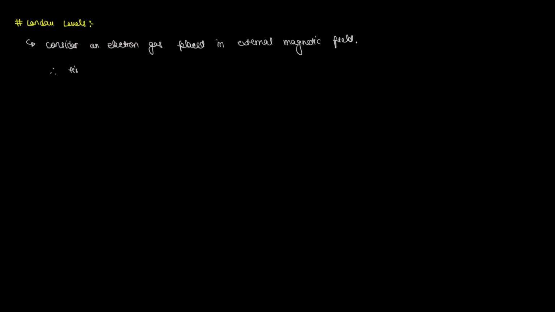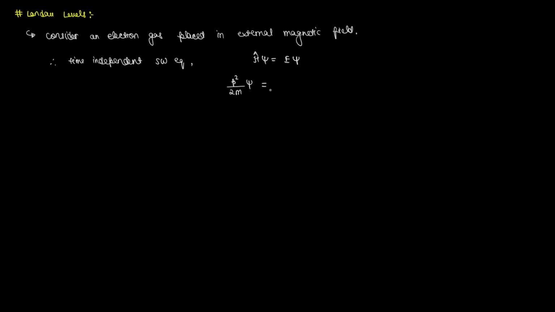So therefore, the time-independent Schrödinger wave equation will be given by H psi equal to E psi, and here the Hamiltonian will only have the kinetic energy term. Therefore, P square divided by 2m times psi will be equal to minus h cut square divided by 2me times the Laplacian operator on psi, and this will be equal to E psi.